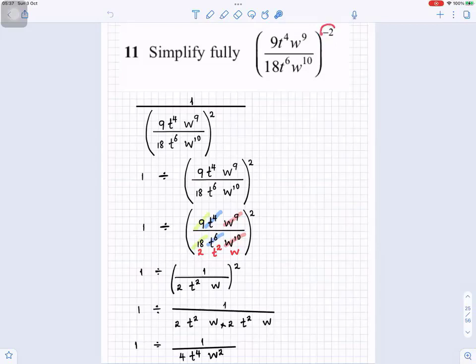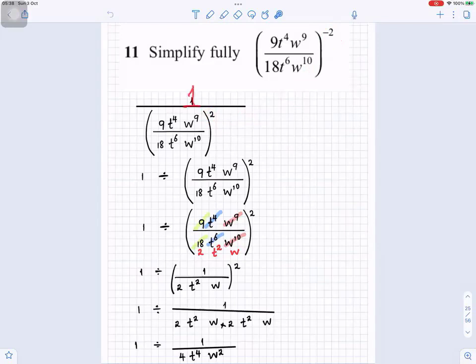To get rid of the minus, we use this formula: a to the minus n is 1 over a to the power n. So we put 1 over, bring all of this to the bottom, and the minus 2 becomes plus 2. It's not minus 2 anymore.